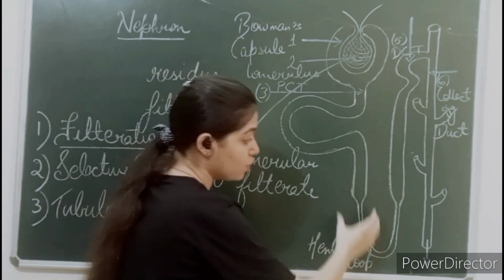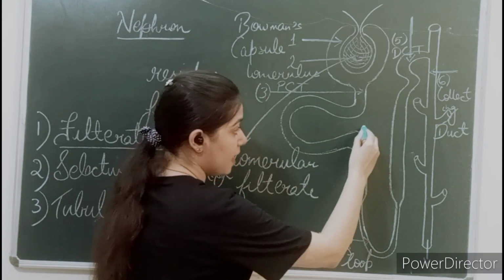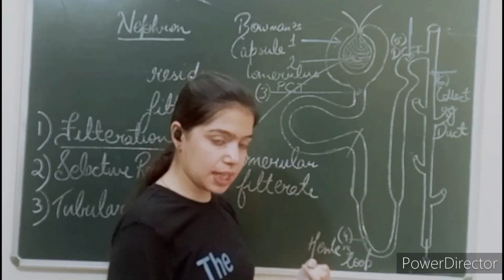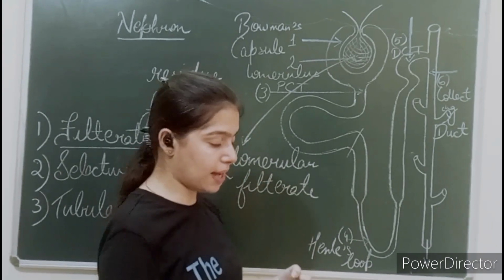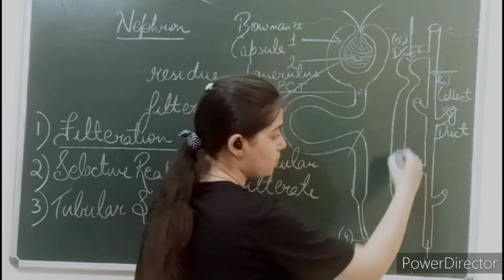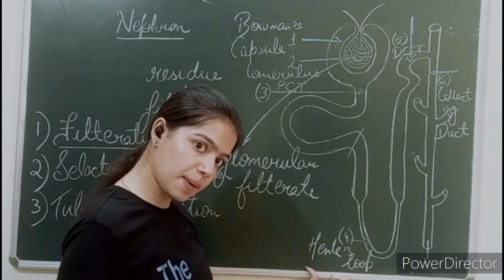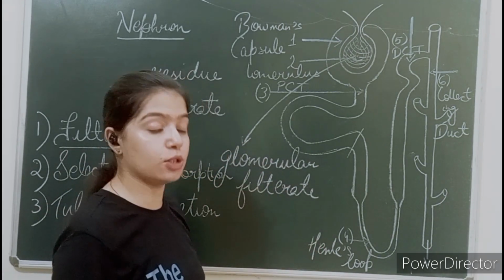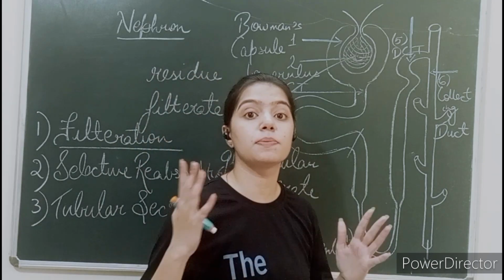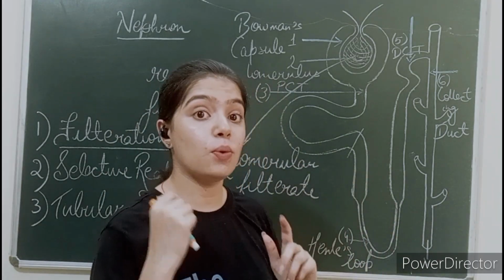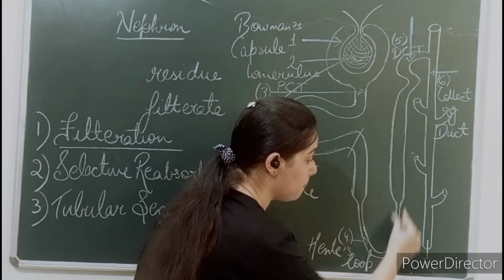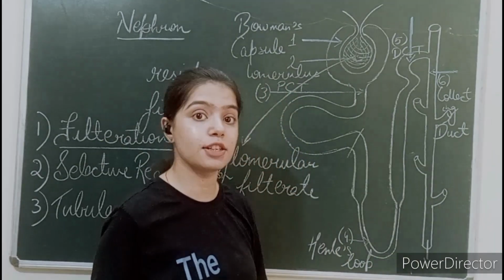Followed by this, we have a U-shaped structure. Till here, these three important substances are reabsorbed in our nephron: proteins, glucose and amino acids. We know that this U-shaped structure is Henle's loop. Now what is the function of Henle's loop? It is also responsible for reabsorption. Reabsorption of water and salts occurs at this place, the U-shaped Henle's loop.